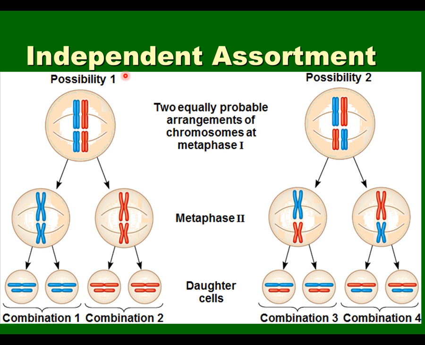It's independent, meaning that there's nothing that tells blue they have to be there, and nothing that tells red they have to be in a certain spot. It's just where the spindle fibers get them to, and how fast they get there. So really, it's chance where they line up. Your genetic makeup is really based on this whole idea of independent assortment.